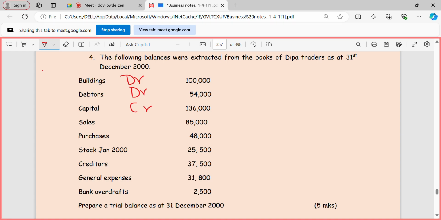Sales, when you sell something, you are reasoning from the business point of view.